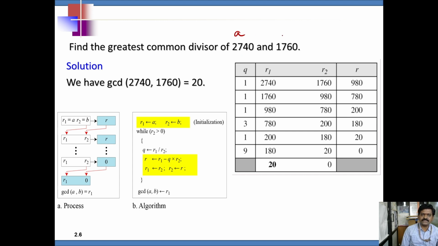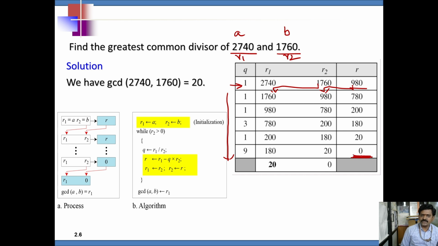Let us take one example. Imagine you have two numbers A, B. A is 2740, B is 1760. How do we get the GCD of these two numbers? We assign R1, R2, and we calculate the coefficient and the corresponding remainder. You can see that R2 is assigned to R1 and R is assigned to R2. The process gets iterated till we get the remainder value as 0.